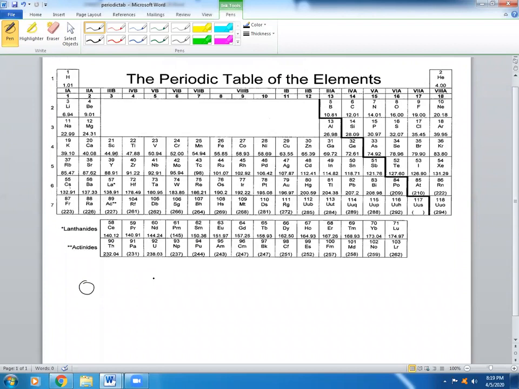If you look at oxygen and do it the traditional way, it's 1s2, 2s2, and then 2p4. So this is my first energy level, and this is my second right here.